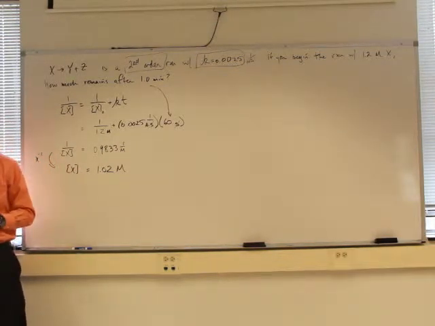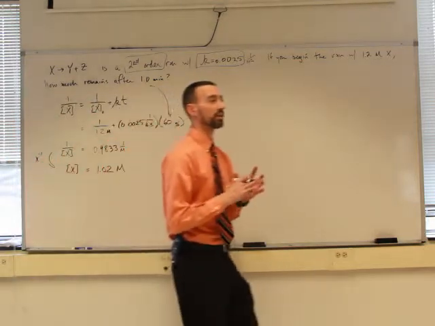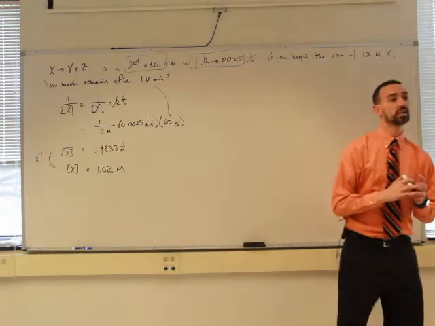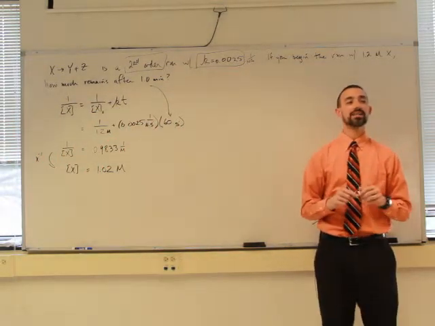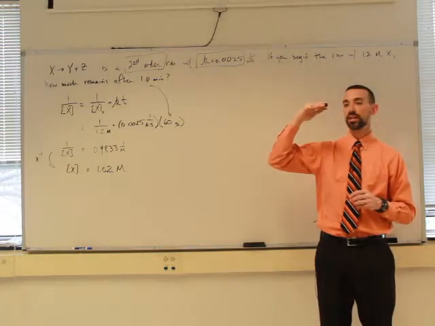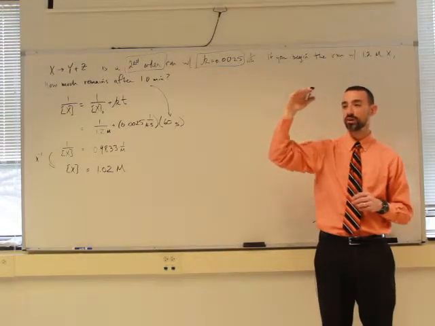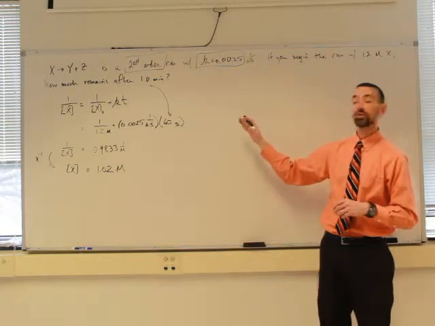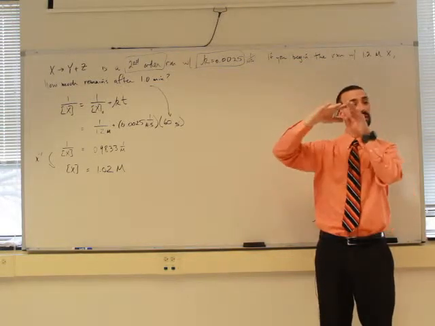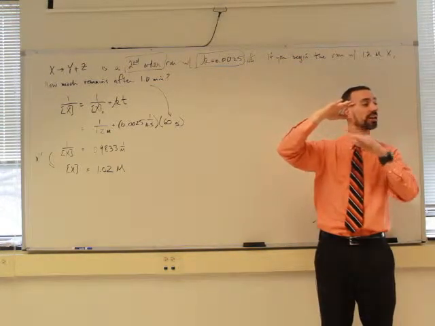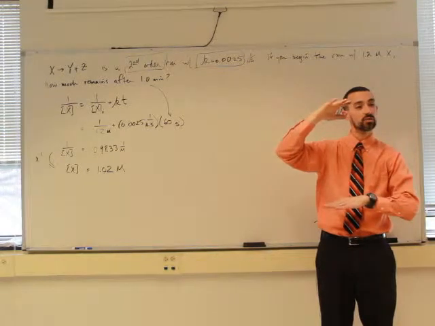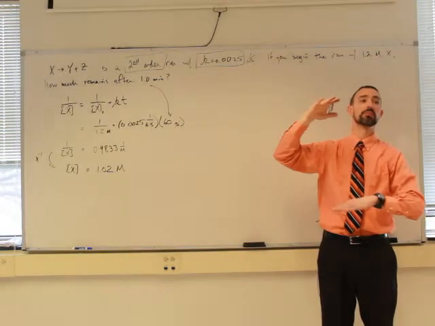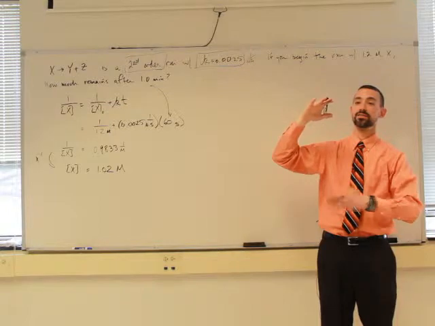Okay? Now you get some idea of what your answer should be when you're doing kinetics problems, because the reactant concentration never increases. It always goes down. So if you're asked a question like this, it's always going to be less than what you started with and greater than what? What's the minimum amount it could ever be? 0, right?